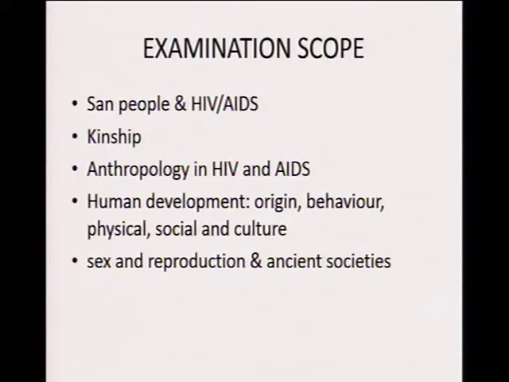Now, the first thing is we're going to look at indigenous people, which is the San people. And this is where you are going to look at how HIV/AIDS is relevant or linked to a minority group, an indigenous group like the San people.